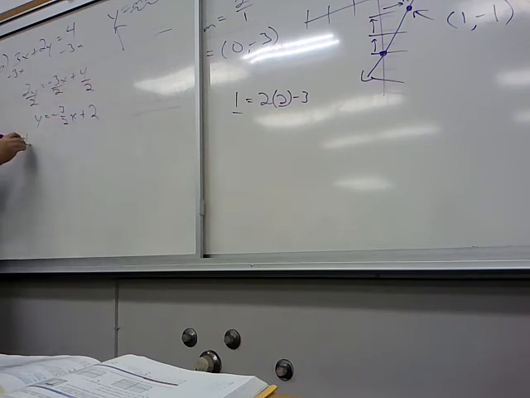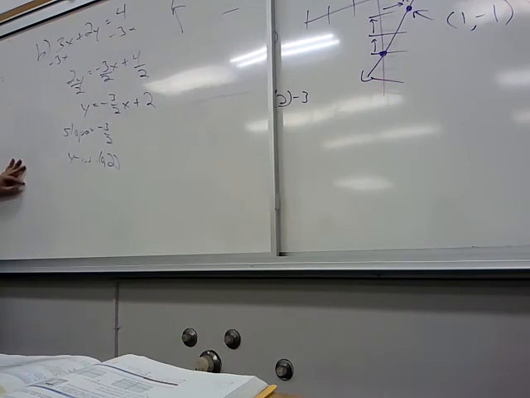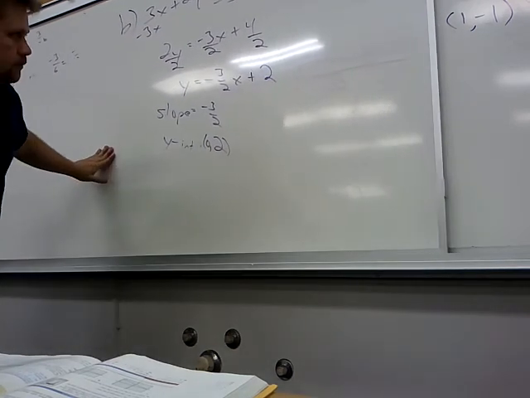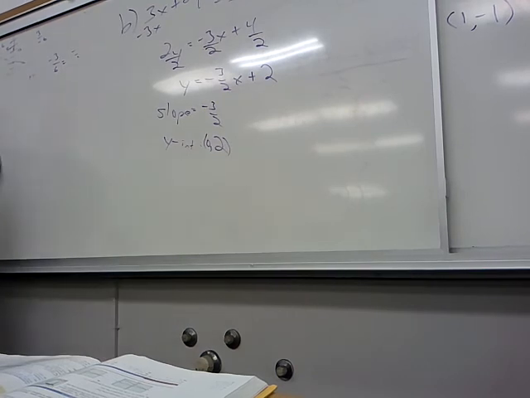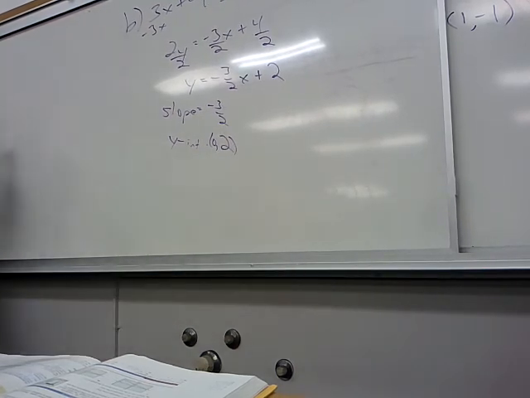So what's my slope? Negative 3 over 2. I like it. What's my y-intercept? 2. Be more specific: 0, 2. So again, where do I start?